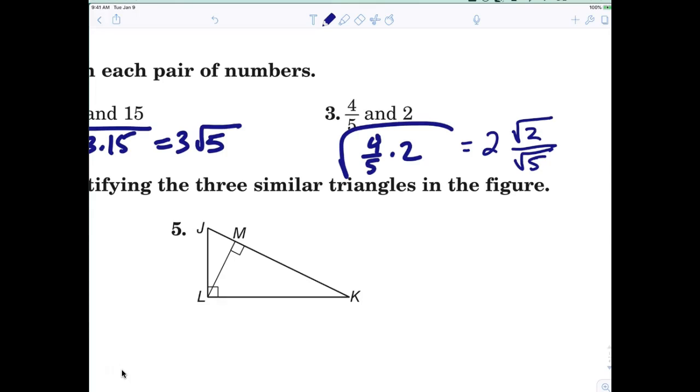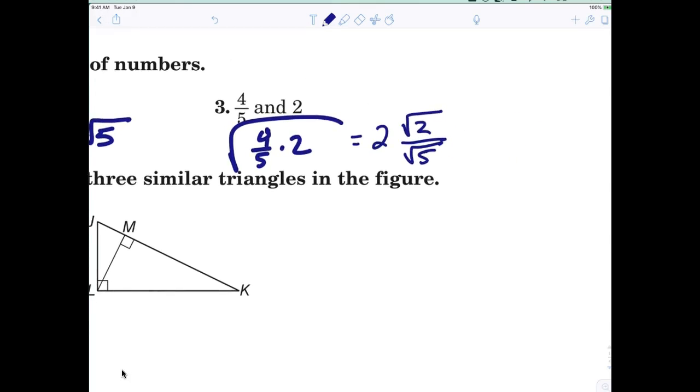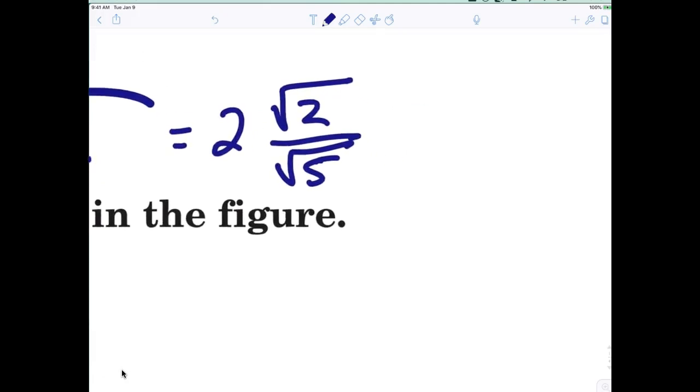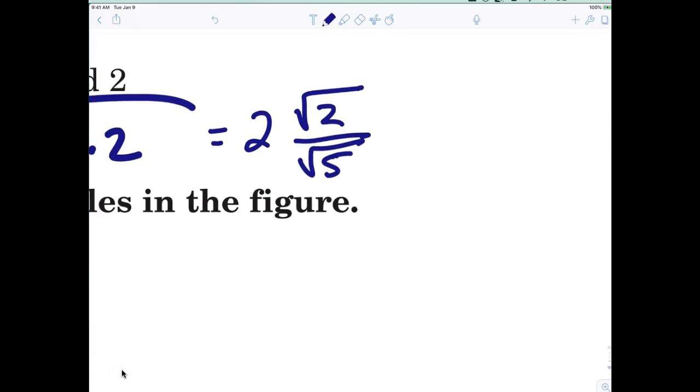But remember, whenever you have a fraction, it's just the square root of the numerator and the square root of the denominator. The reason why I'm telling you that is because in the advanced world, we're not allowed to have radicals in the denominator. So we say rationalize the denominator by, what do? Multiplying the top and bottom by the square root of 5. That is correct.